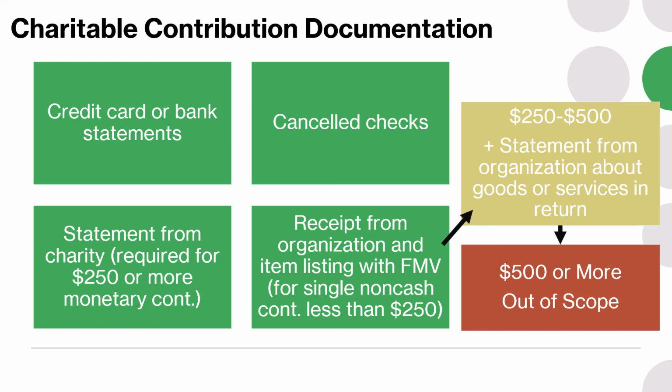If the single contribution was $250 to $500, then they're going to need not just the receipt and the listing, they're also going to need a statement from that organization saying that they didn't receive anything in return for that donation. And then if they are giving non-cash contributions of $500 or more, there's a form where things have to be listed out, and that is out of scope for the VITA program.